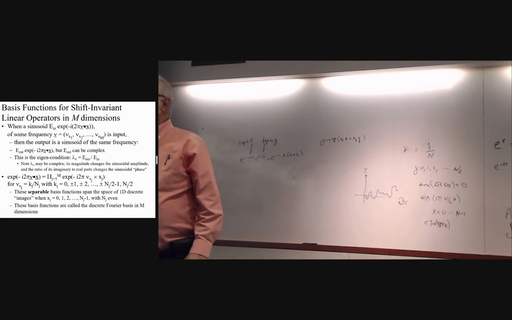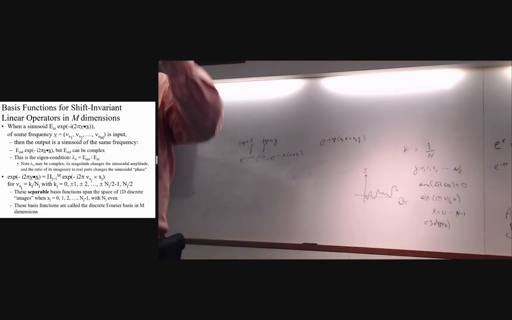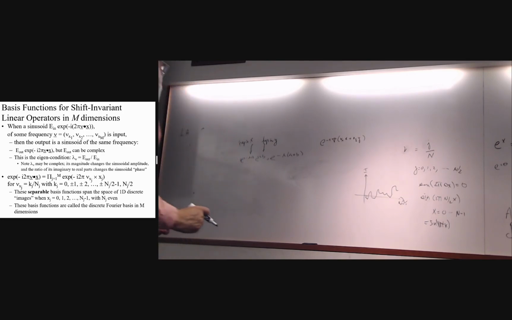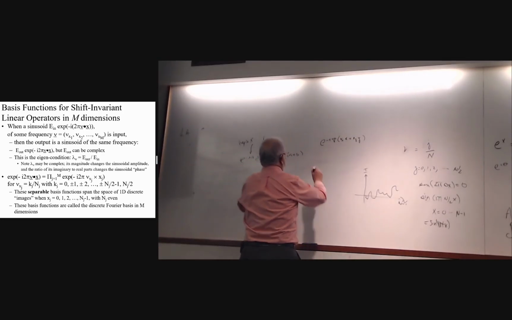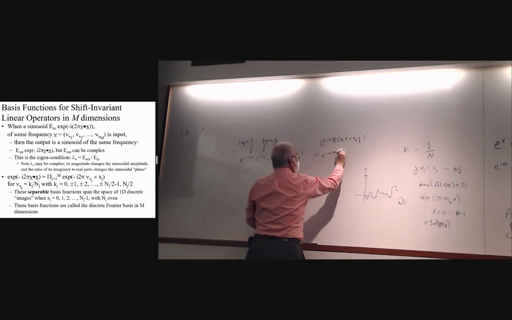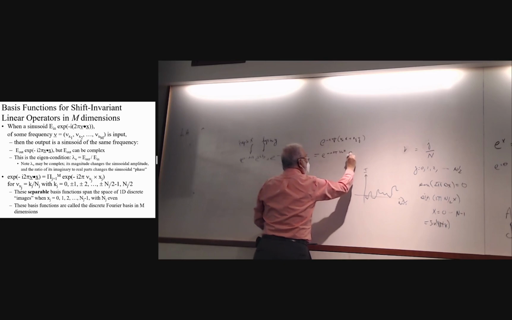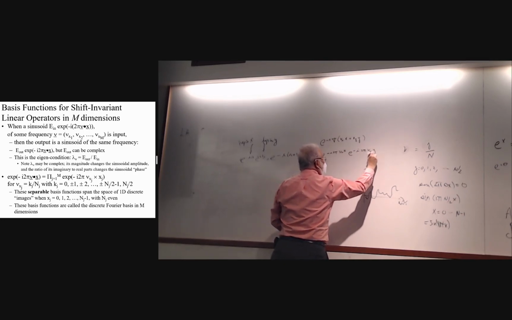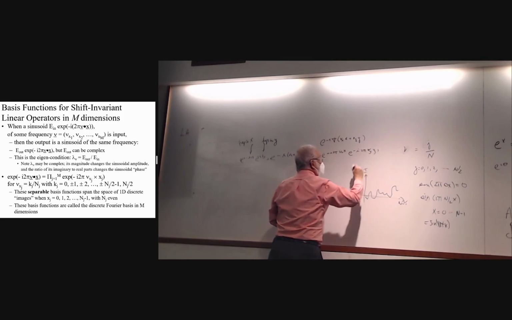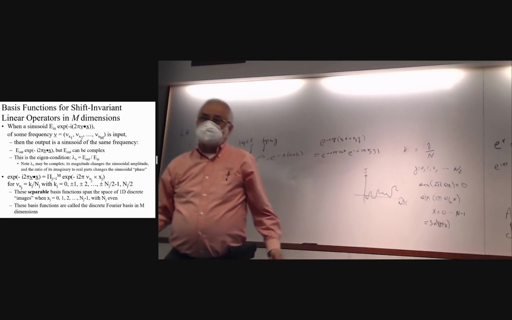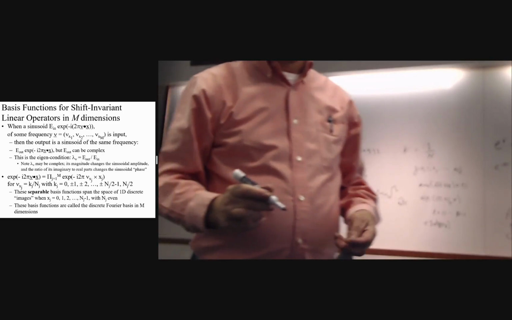All right, it's going to have an X frequency, nu sub x, and a Y frequency, nu sub y. Okay, and those are, of course, according to this relationship, the same as e to the minus i 2 pi nu sub x times e to the minus i 2 pi nu sub y. Product of two of the one-dimensional basis functions. Okay?